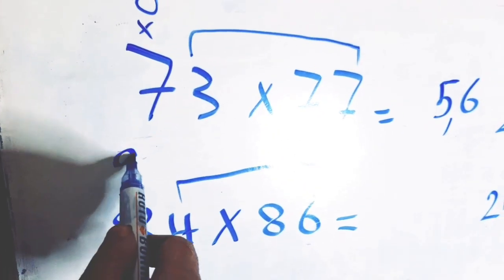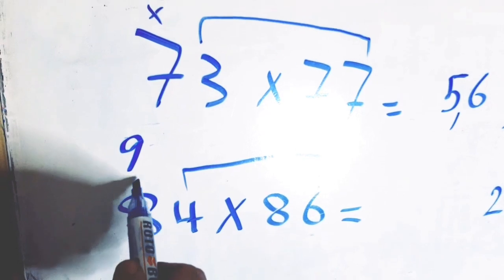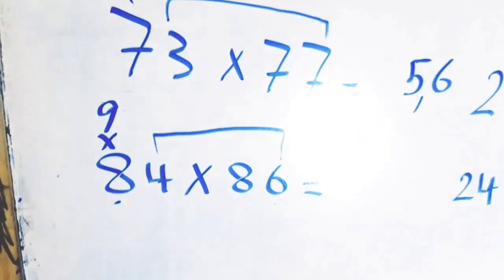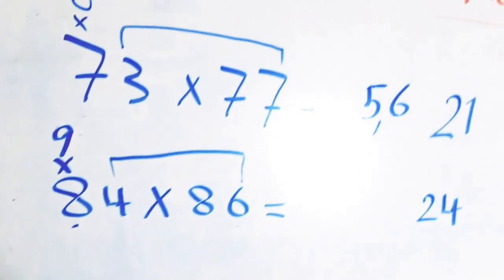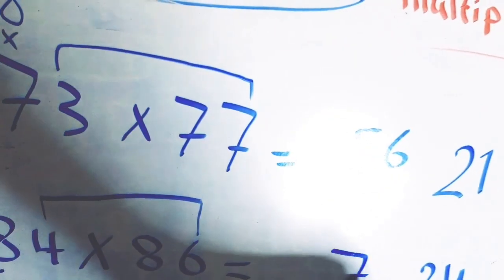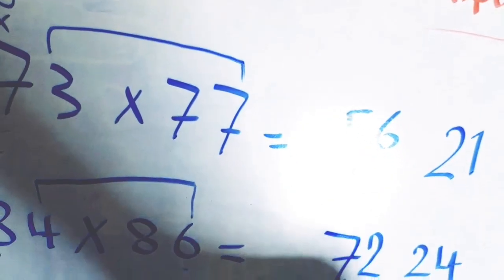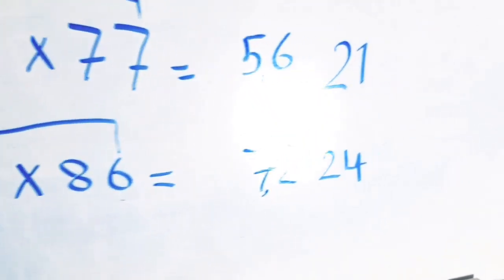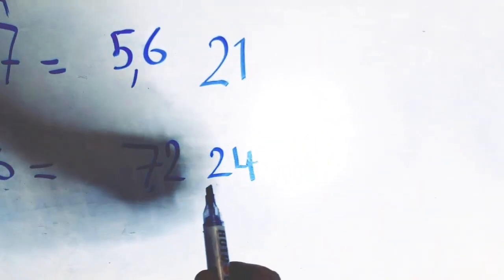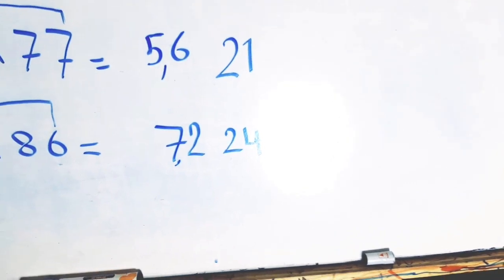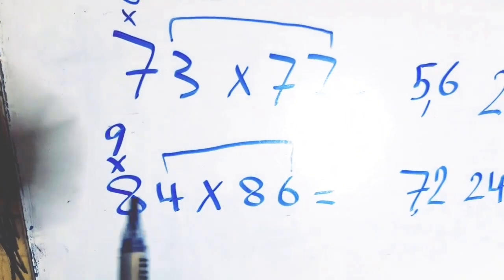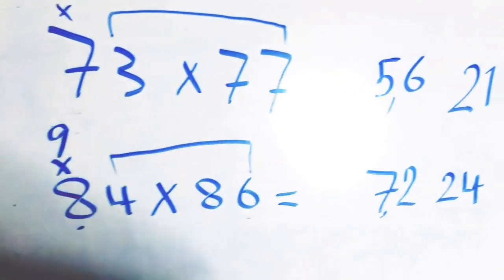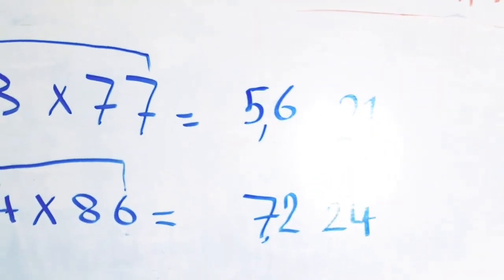Of course, it is 9. We multiply 8 by 9. 8 times 9 equals 72. So 7,224 is the multiplication product of 84 times 86.